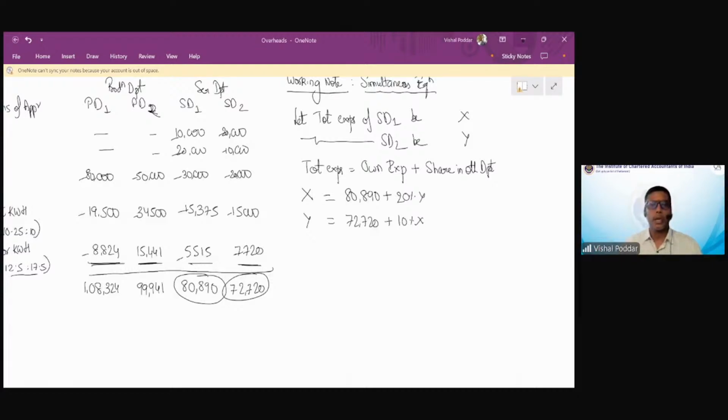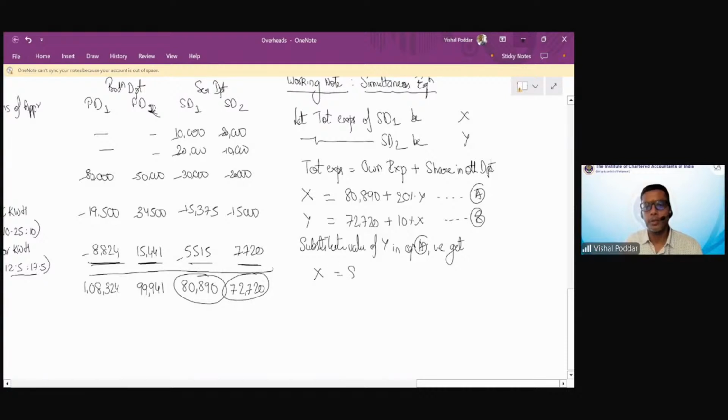Now, substituting value of Y in equation A, we get.